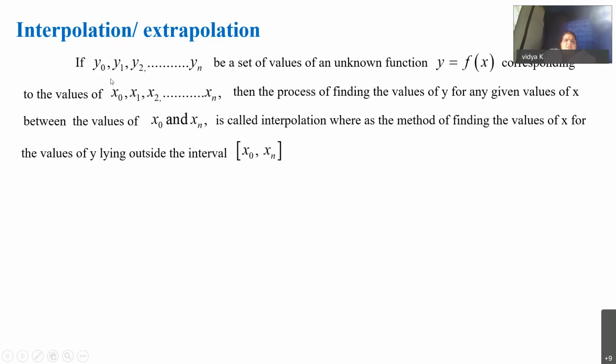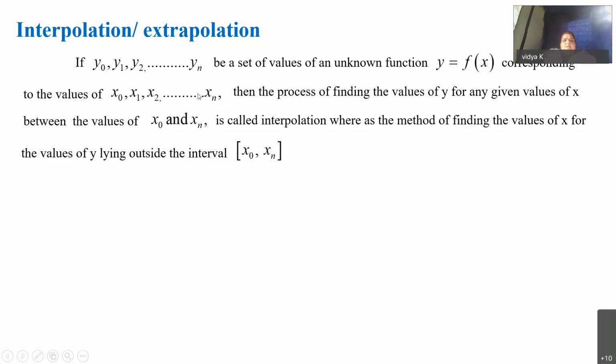So you know what y naught is for x naught, what y1 is for x1, for the function y equal to f of x. Suppose I need the value of y for x naught plus x1 by 2, which is in the middle of these two. Then what is the value of y? The method of finding that is called interpolation.